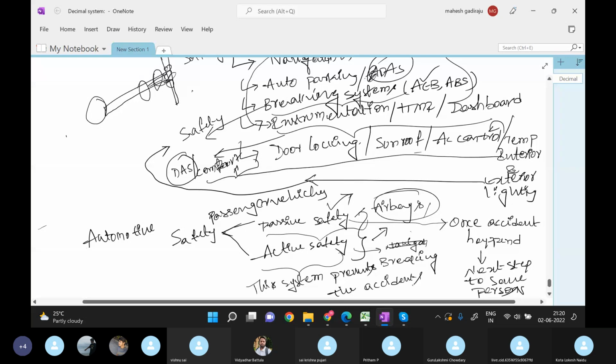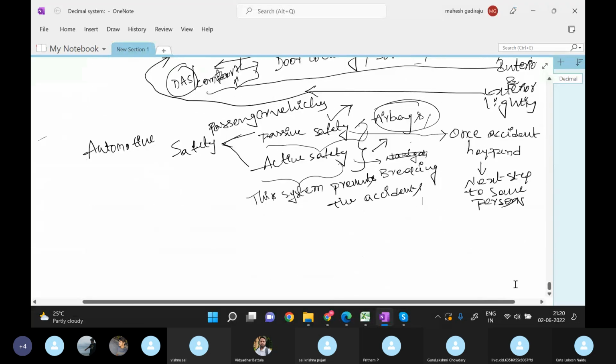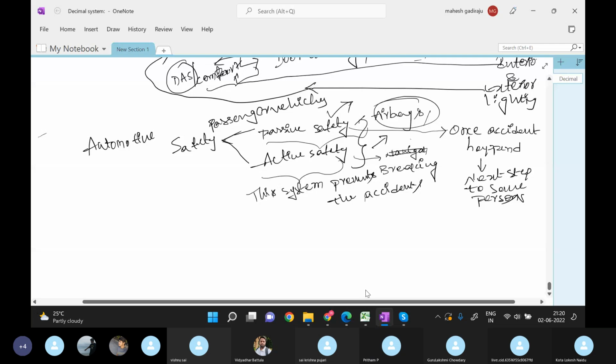So passive safety is like, the accident has happened, and now it has to save the lives of the persons who are sitting inside the car. The active safety is a kind of preventing the accident from happening.